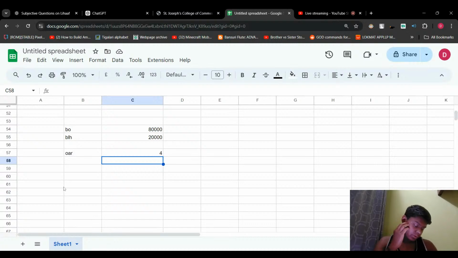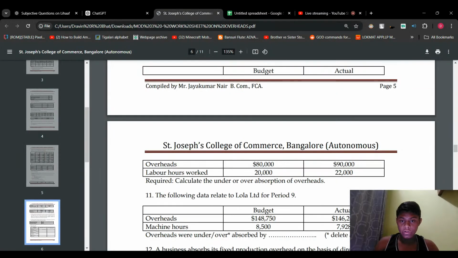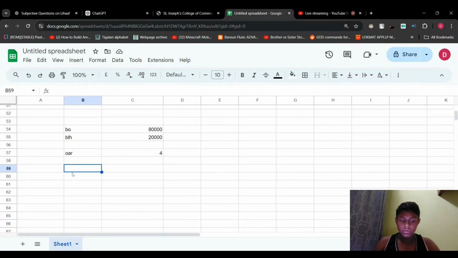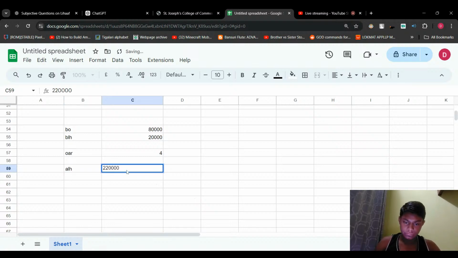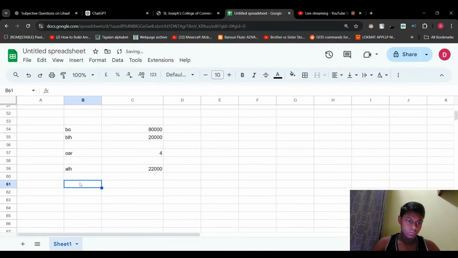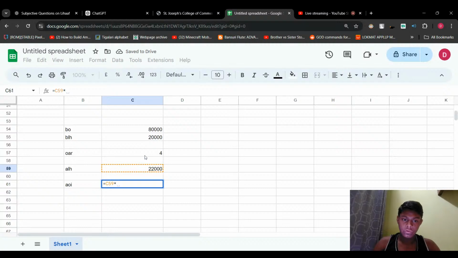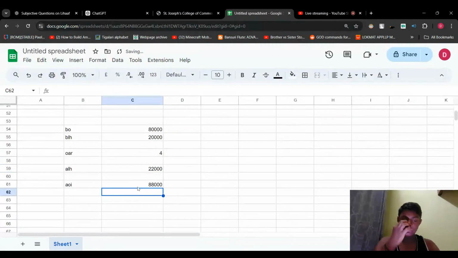And the overhead absorbed by 22,000 labor hours would be: we multiply the overhead absorption rate with 22,000, the actual labor hours worked. The overheads absorbed is 22,000 into 4, nothing but 88,000.